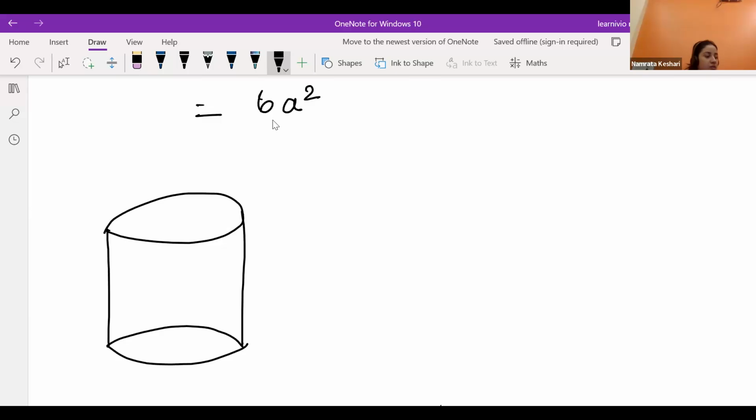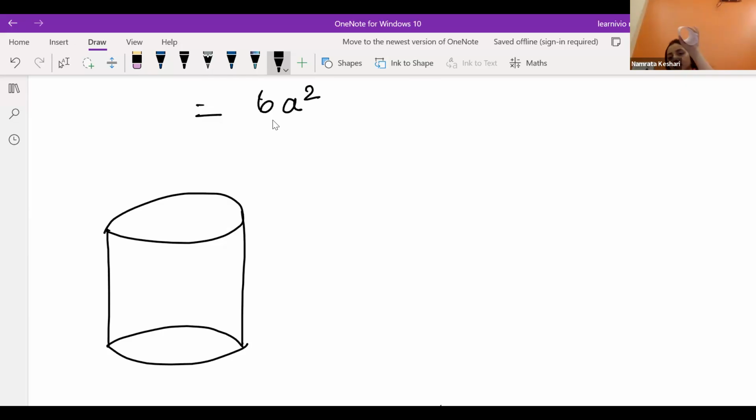Can you see this rectangular sheet? Yes. With the help of this one, can we make a cylinder? Does it look like a cylinder? Yes, ma'am.